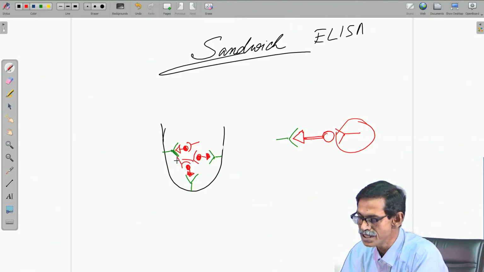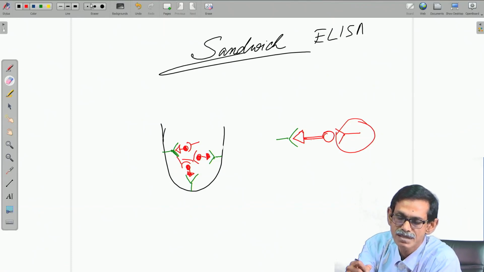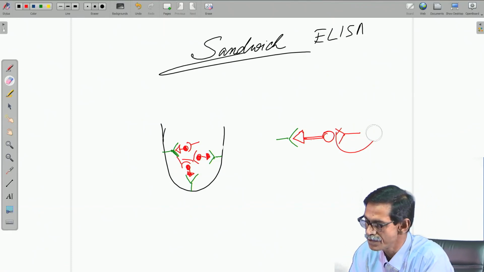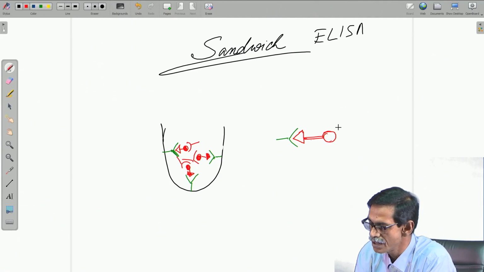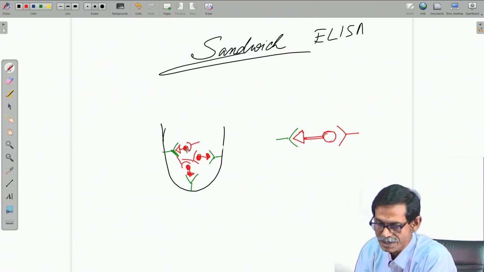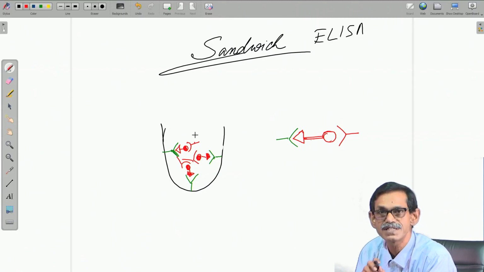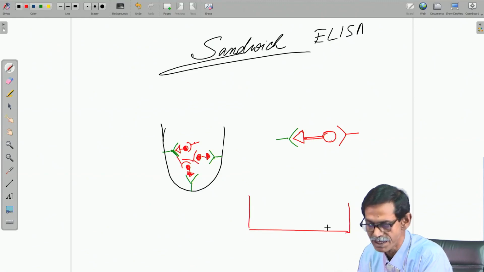So, this structure will happen. If I draw this in a flat way, it will be better.